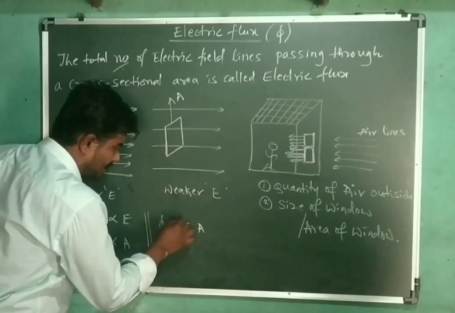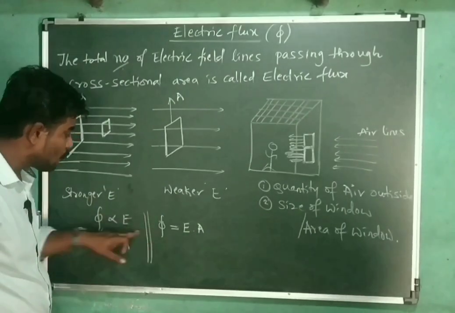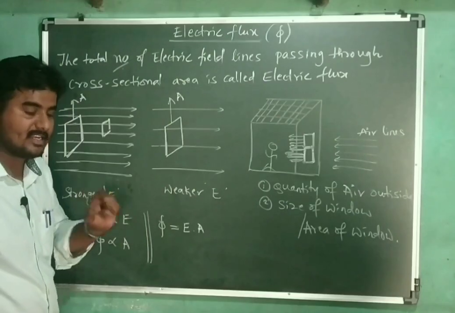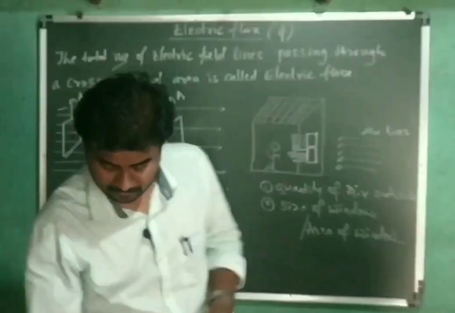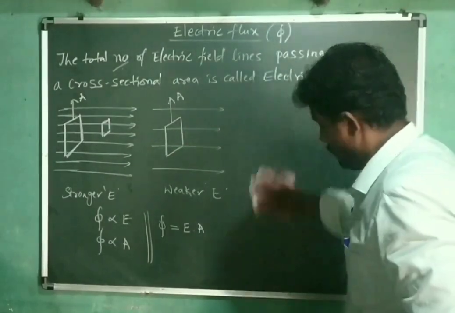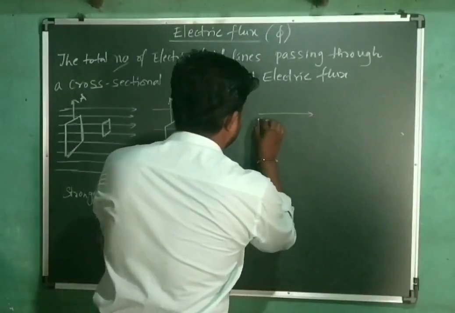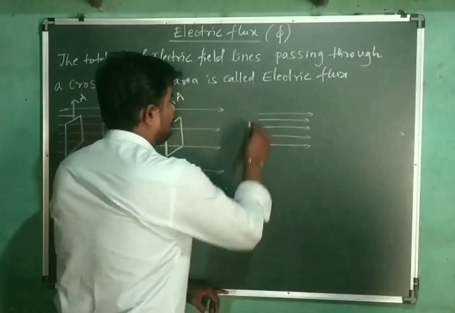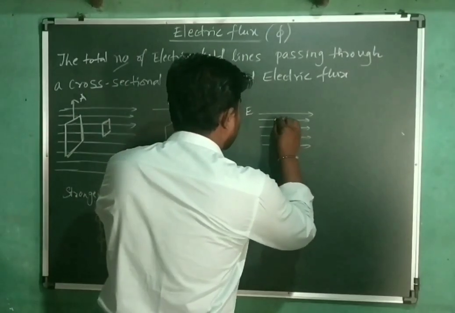As you know, electric field is a vector quantity, area is also a vector quantity, and the electric flux is not only depending on these two factors, it also depends on one more quantity, and that is the angle between E and A. For example, see here. These are electric field lines, and I will consider area this way.